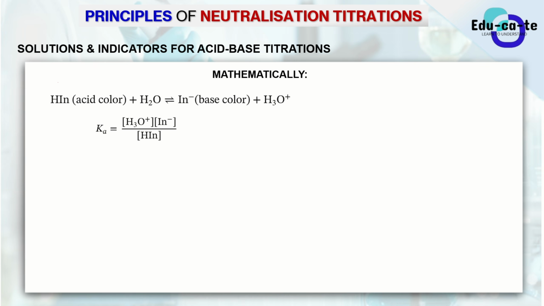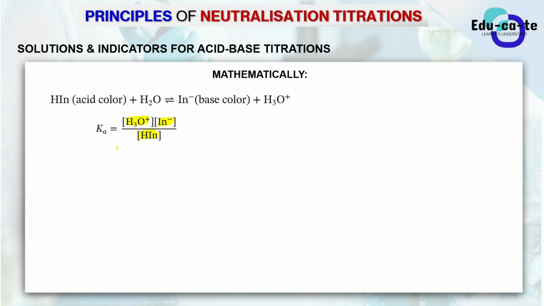Ka is the concentration of the hydronium ions multiplied by the concentration of the conjugate base, which is In⁻, all over the concentration of the acidic form of the indicator, HIn. So this is an acid dissociation constant expression.